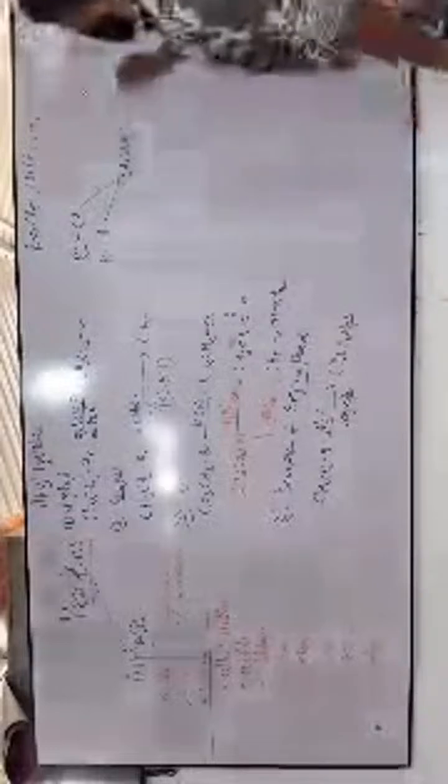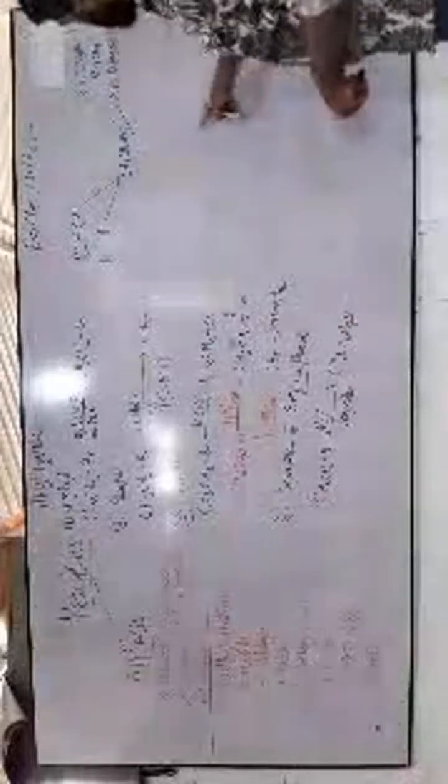But if I use ROH, if I use alcohol, the hydrogen will go with this ethyl group and this R will join over here. So what I get is R O MgBr plus CH3, CH3.